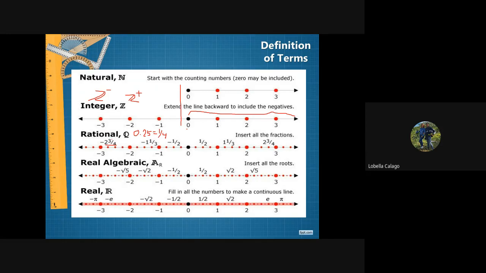So, these are the rational. While the algebraic, it comprises the square root. So, getting the negative square root of 5, it will give you point something. There is a repeated or not repeated. So, these are the real algebraic.